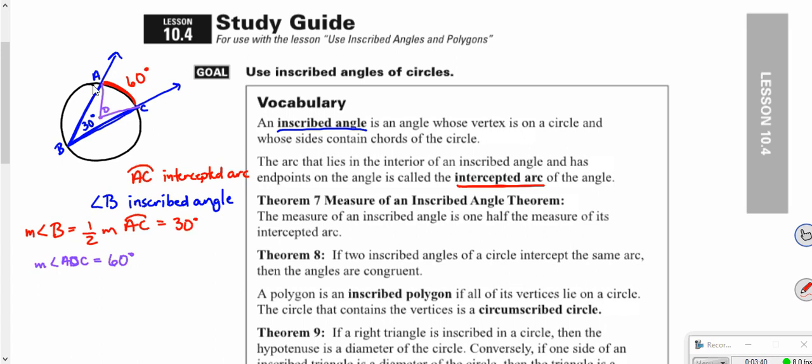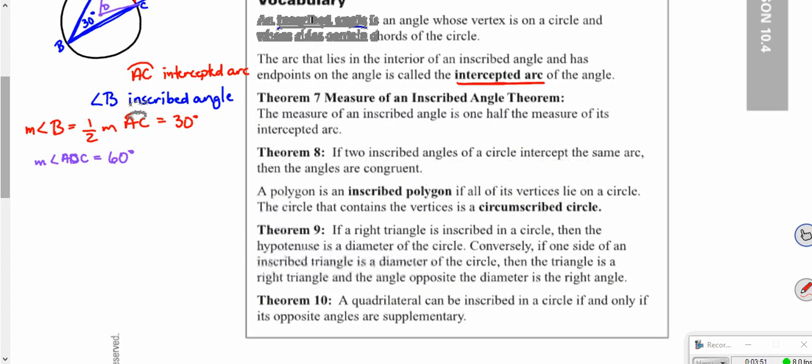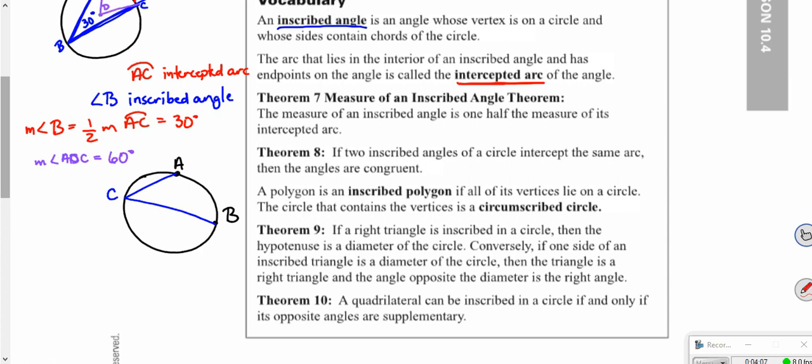Okay. Theorem 8: if two inscribed angles of a circle intercept the same arc, then the angles are congruent. Now let me see if I can draw you a pretty picture for this one. So if I've got a circle here, and this is A, and this is B, let's say this is point C, this is point D. Now what they're saying here is that this angle is congruent to this one.